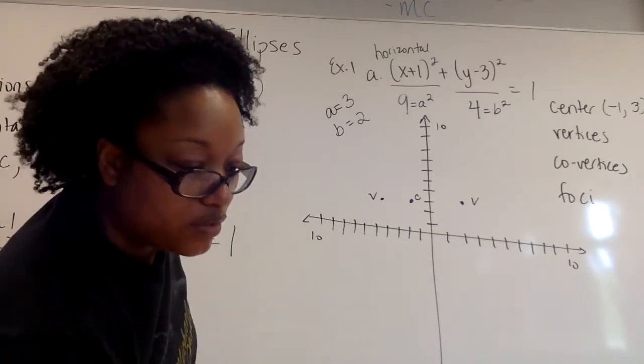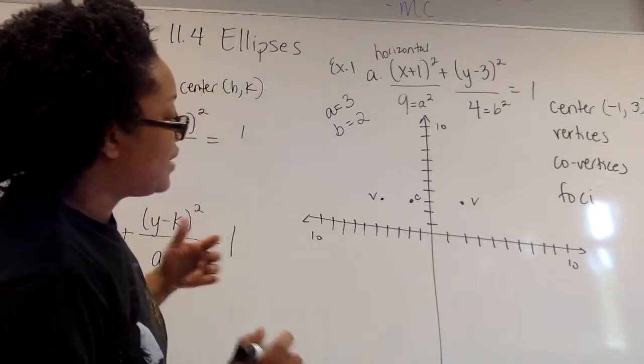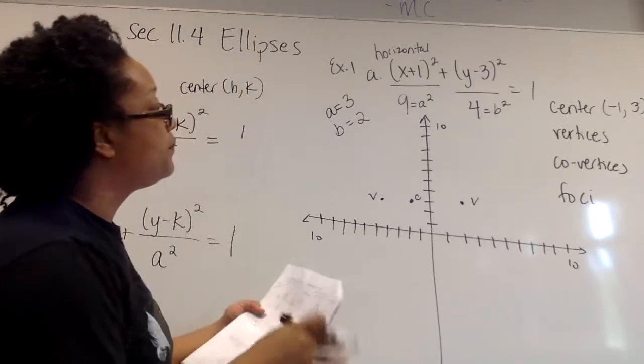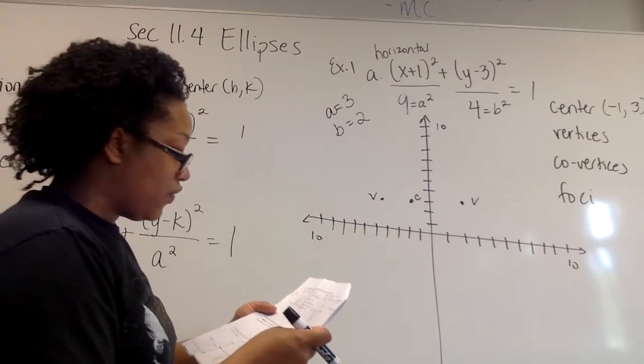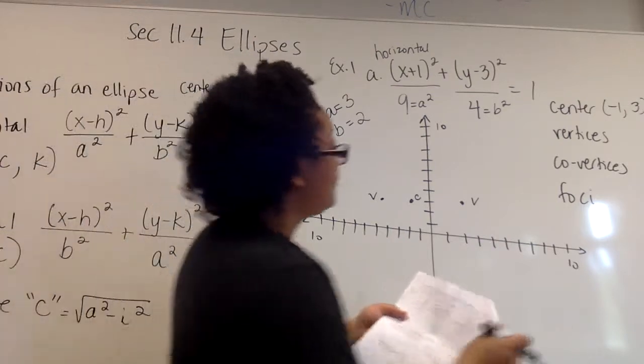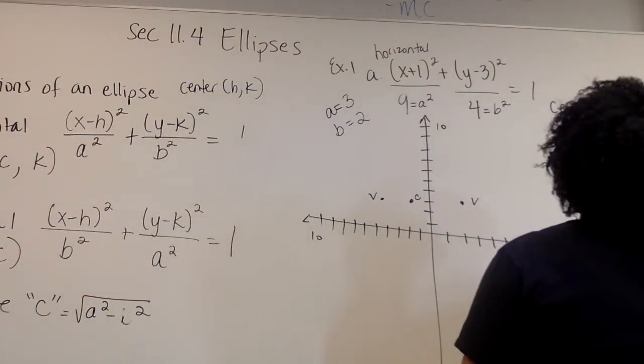And what you want to do is go ahead and write that down for your coordinates. So that would be, let's see, 2, 3 is the first one.